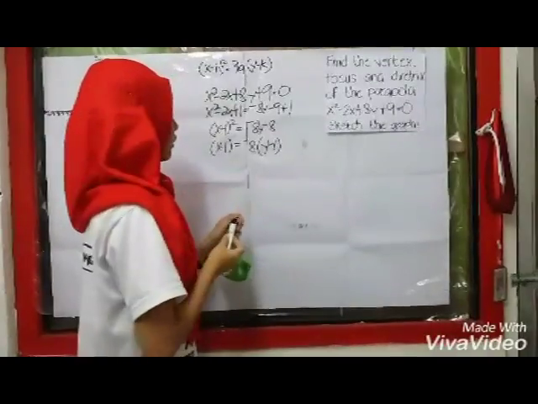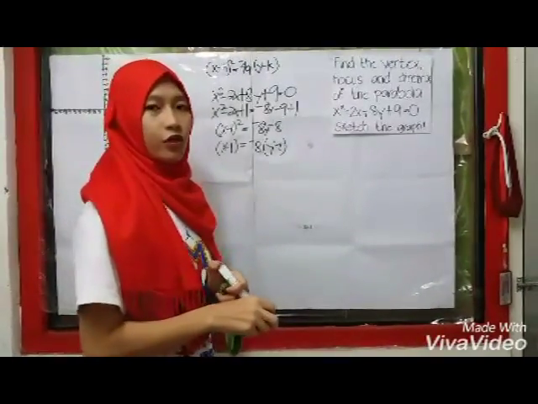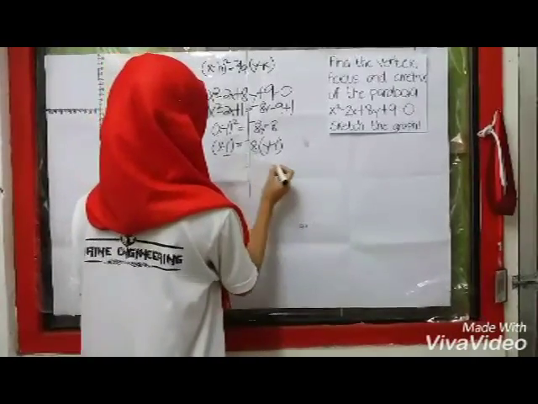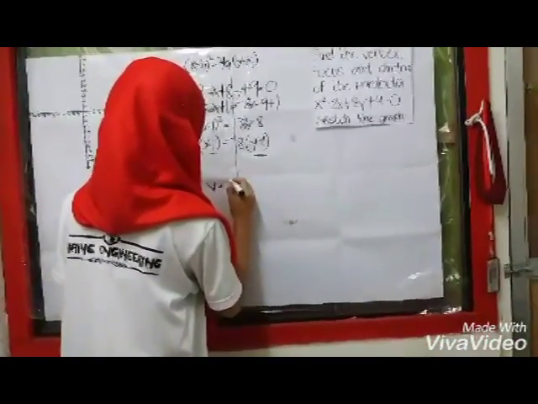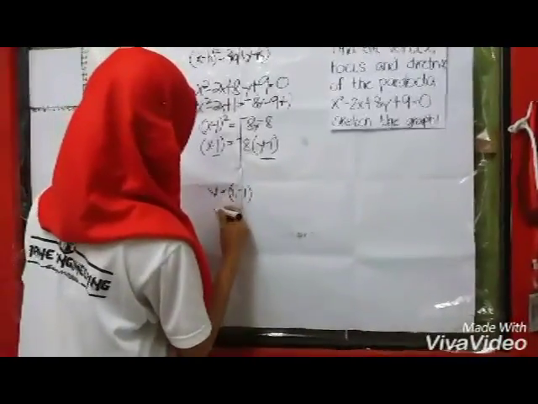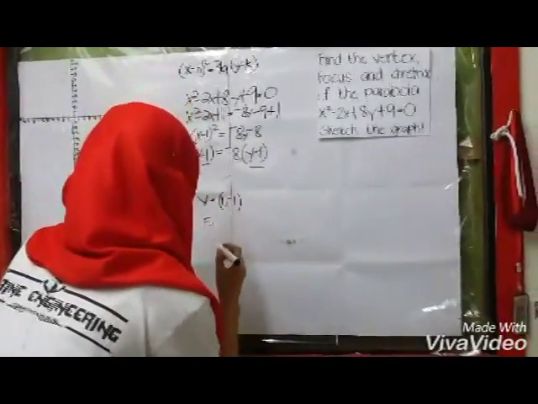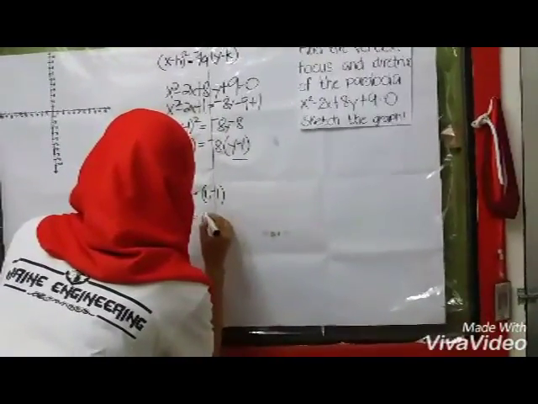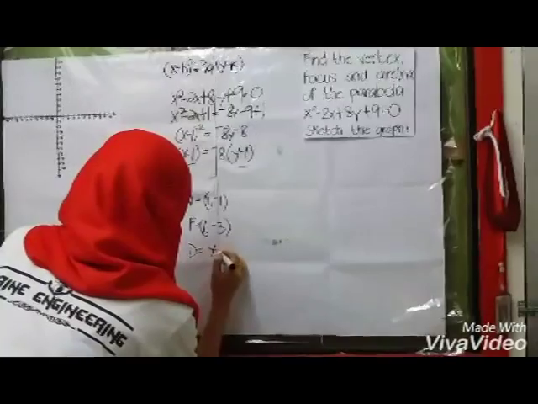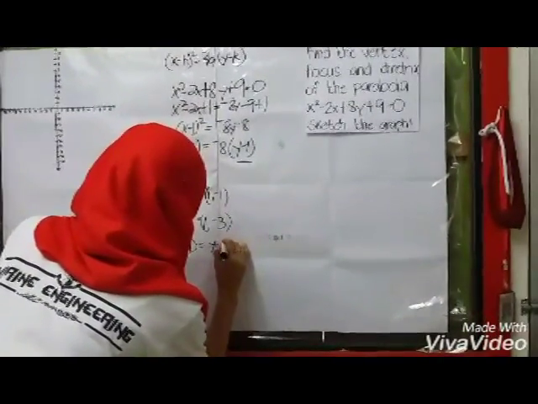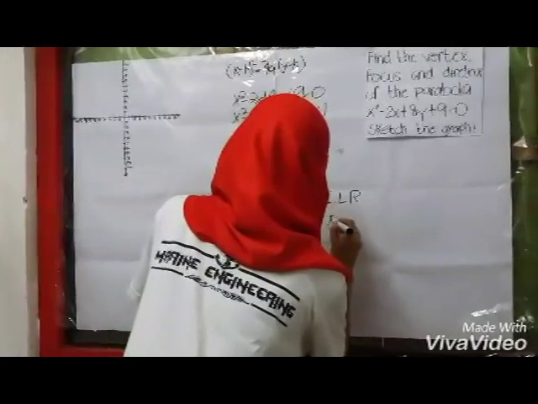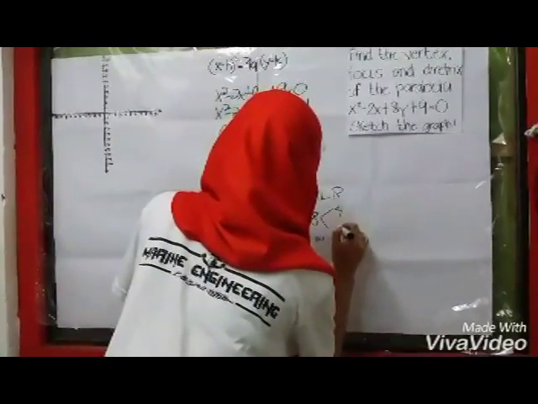We can now locate our h, k, our vertex and our focus, and also our endpoints of the latus rectum. (h, k) stands for our vertex, which is (1, -1), and our focus is (1, -3), and our directrix, our fixed line, is along y equals 1. Our latus rectum is 8, and we split it into 2, so 4.